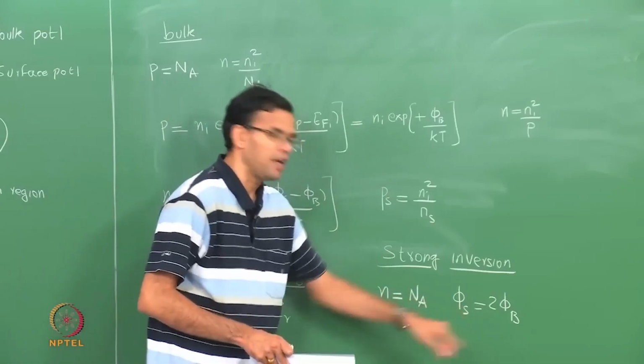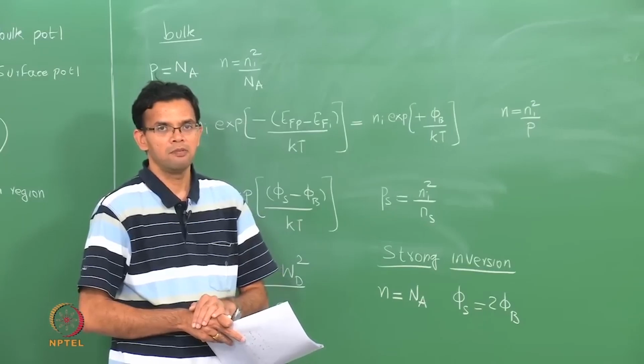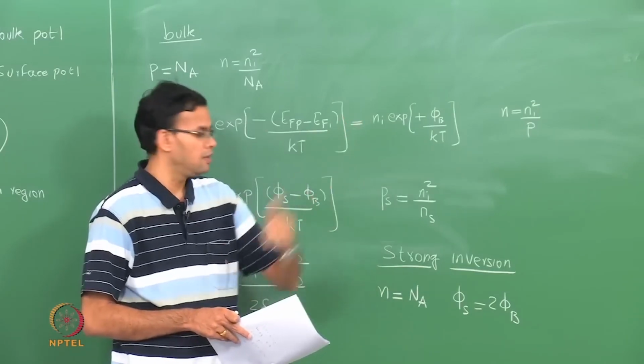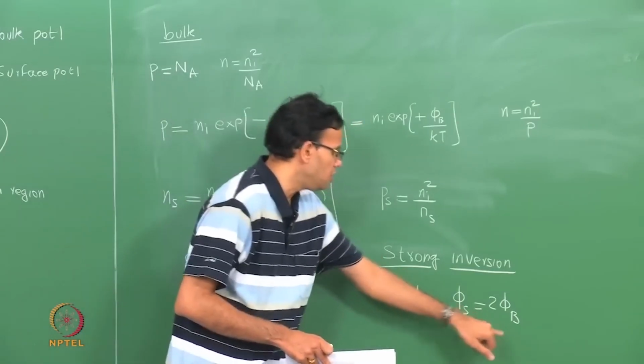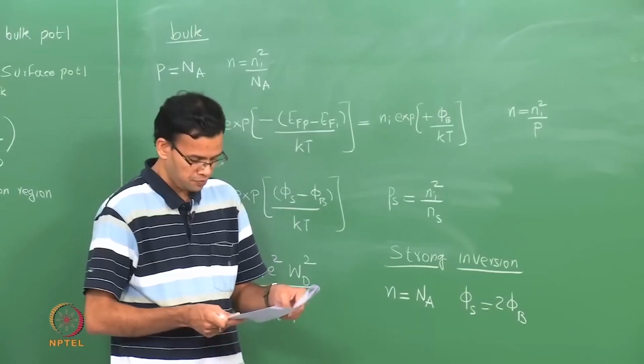So, it starts phi b below EFi, and when it becomes N type, it becomes phi b above EFi, so that the total potential is just 2 times phi b. So, this is a particular case of inversion, and it is called strong inversion.